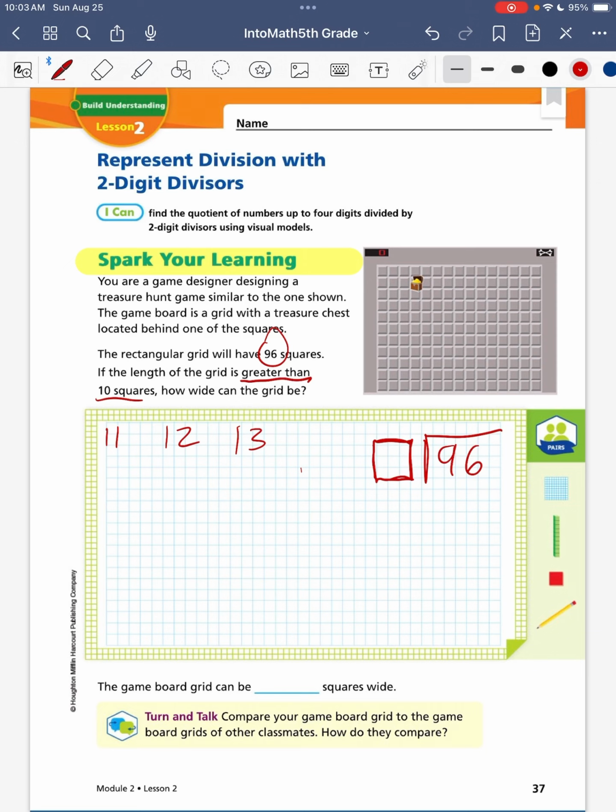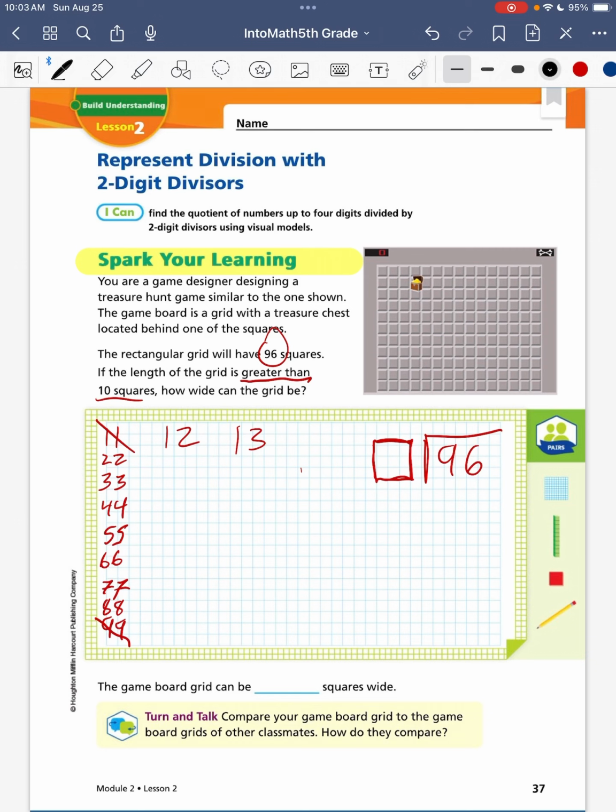My thinking with this is I'll start with the lowest number, write out the multiples, and see which one can get me to 96 the fastest. So if I do my multiples of 11, I have 11, 22, 33, 44, 55, 66, 77, 88, and 99. 99 is too big to divide evenly, so it cannot be 11.